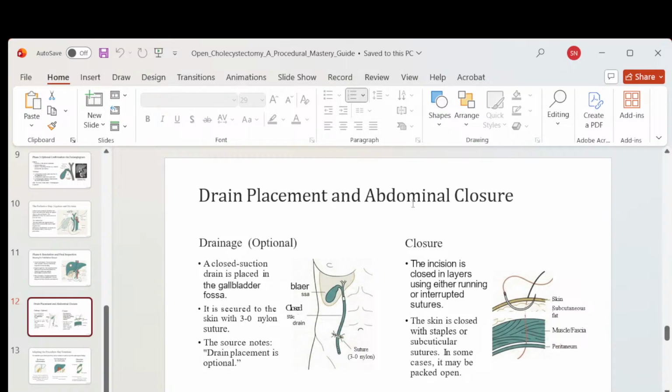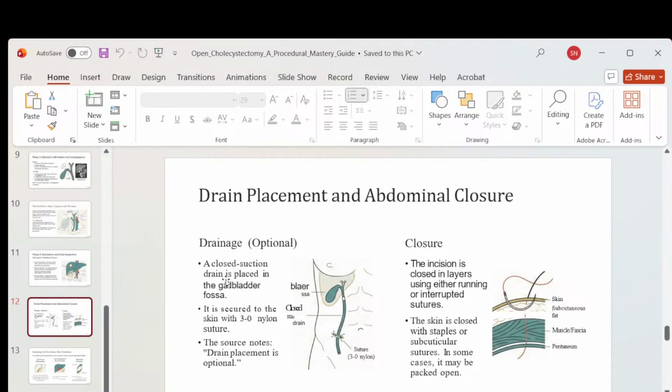Drain placement and abdominal closure is also an important measure, in case there is a fluid collection in the abdomen, or in case of cholelithiasis associated with cholecystitis and pus collection in the operative field.